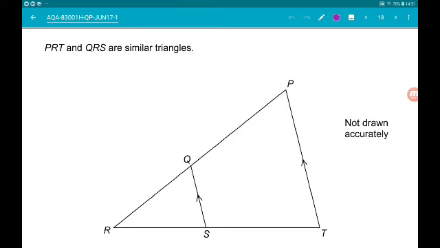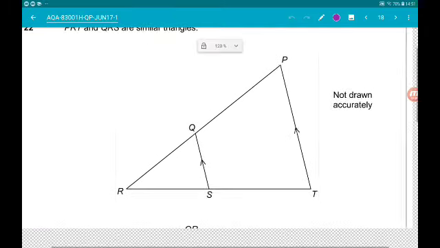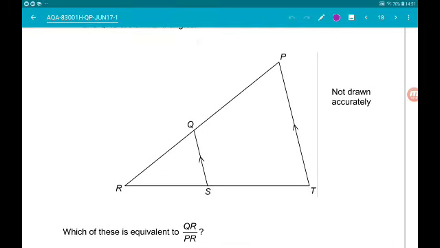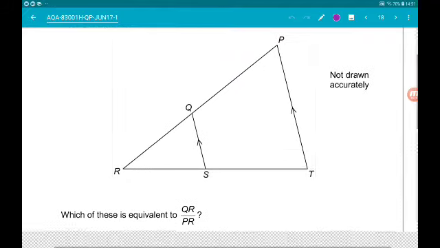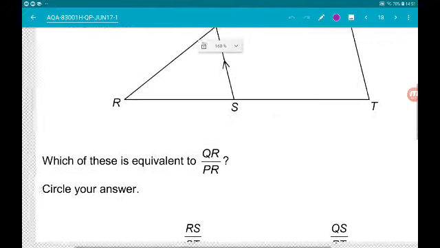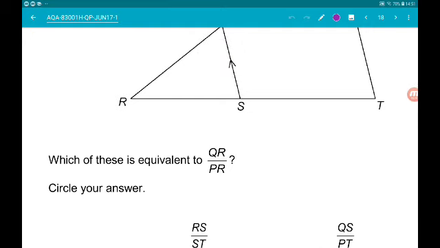PRT and QRS are similar triangles. So when shapes are similar, it means that the lengths are connected by a scale factor. So we're asked which of these is equivalent to QR over PR.